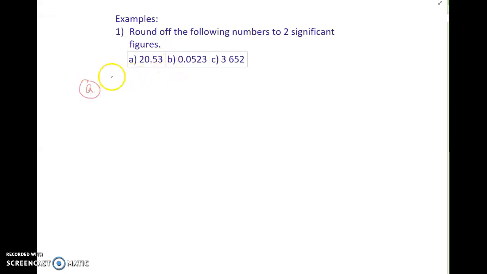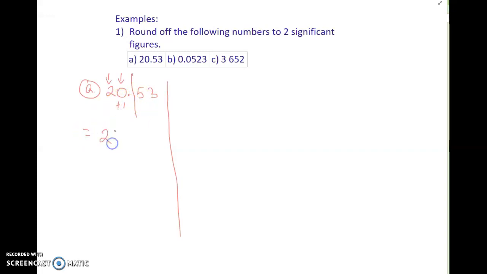We want to round off the following numbers to two significant figures. So A is 20.53. First, let's identify the first two significant figures. 2 is the first significant figure, 0 is the second. So draw my line. The number right after the line is 5, so that means I have to add 1 to the number before.